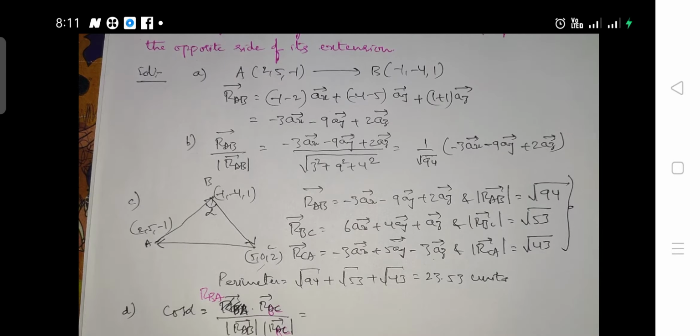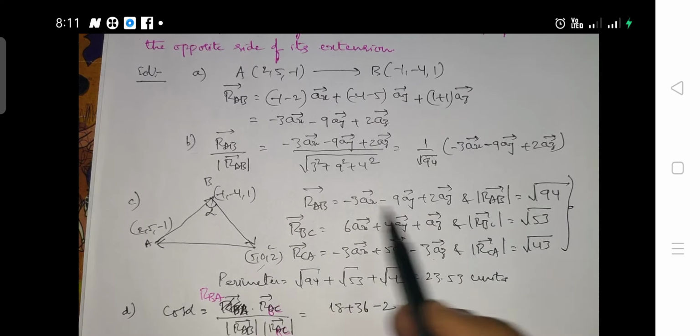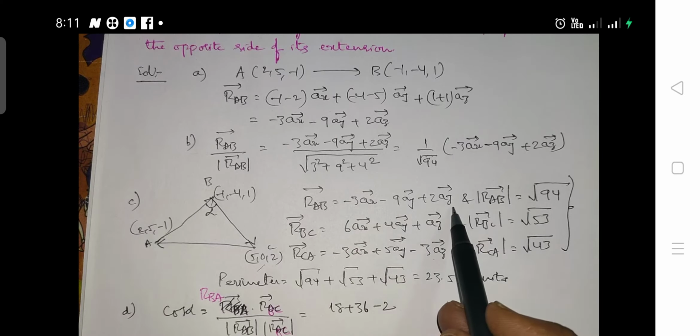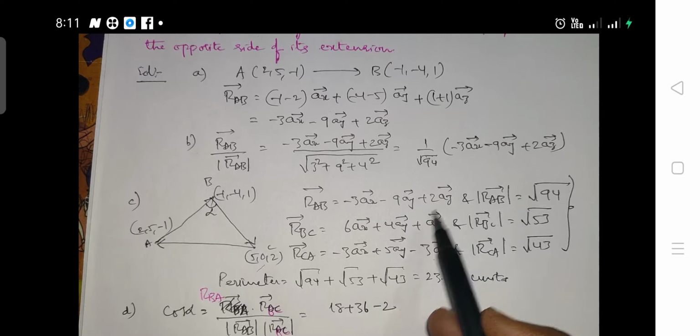So if we do this, we are going to have RBA, which means minus of this one, 3ax plus 9ay minus 2az, dot product of RBC.